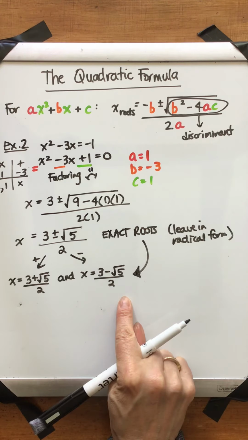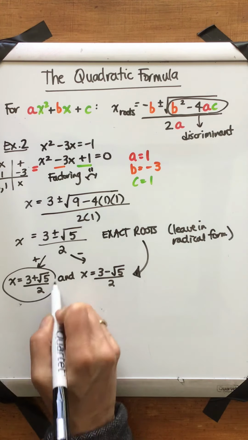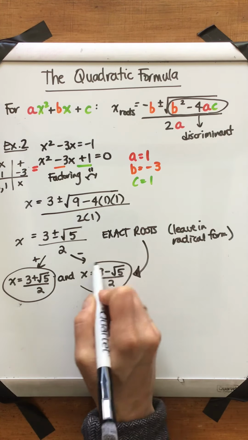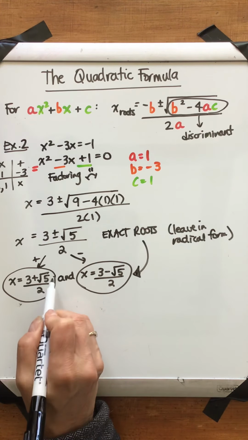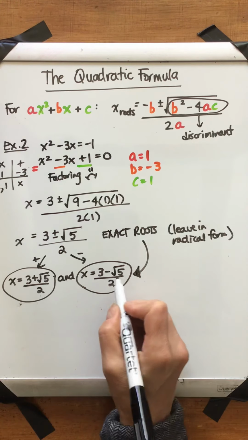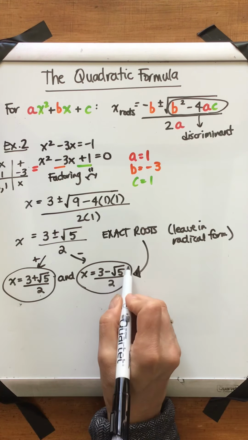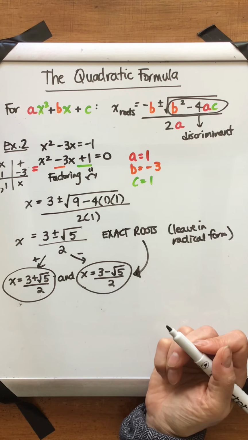Now, if we want to do approximate roots to the nearest hundredth, then we would punch each of these into our calculator. Now, it's super important when you do that to make sure that when you punch in 3 plus root 5 that you hit equals and you get that sum before you divide by 2, and in a similar way that you do 3 minus root 5, you get that difference, you hit equals before you divide by 2.